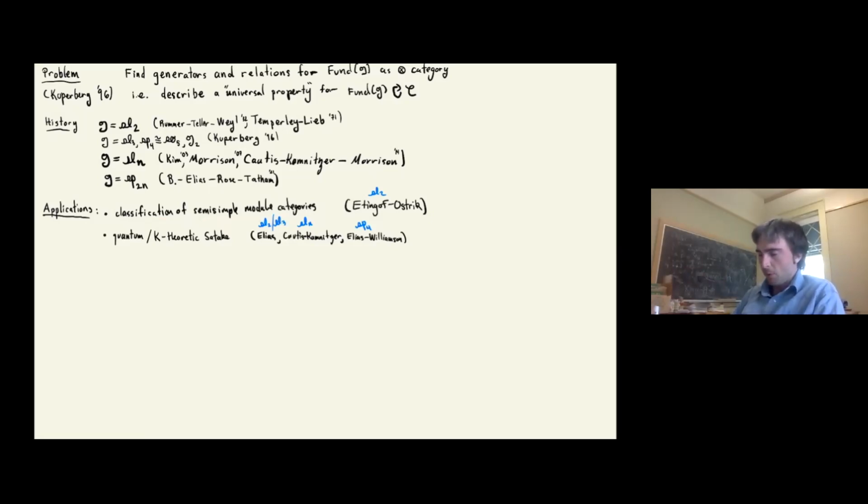And both his approach as well as the Cautis-Kamnitzer approach, which are different, and his work with Elias and Williamson, rely on this generators and relations description of representations of Lie algebras. And this has been employed by Ben and Jordy for the Sp4 and the SL2 and SL3 cases, and then Cautis-Kamnitzer have their own version for SLN. But basically, because of the limited technology for different types of Lie algebras here, that's somewhat the end of the story at the moment.